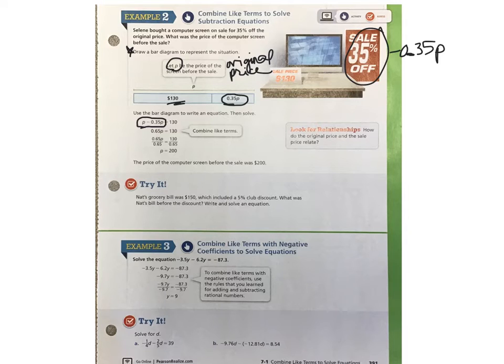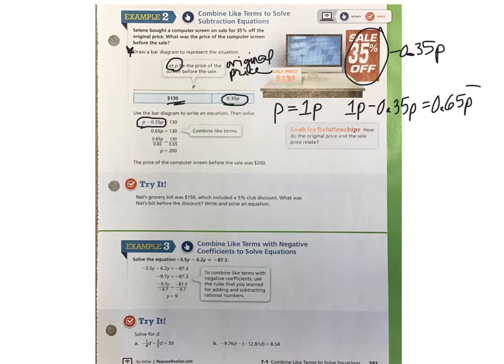Now you should recall from the previous lesson that anytime you have P or any variable, there's a 1 in front of that P. And because there's a 1 in front of that P, when you combine your like terms, you're essentially saying, what is the value of 1P take away 0.35P, and that equals 0.65P.